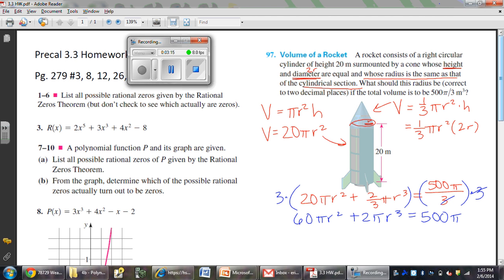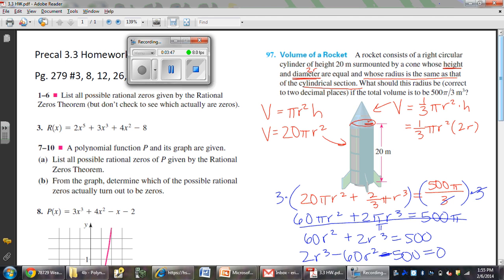So then what we see is that this is a cubic equation, and what we want to do is find out what r equals. Actually, what I'm going to do first is divide everything by pi, because everything has a pi. That way we just have this left without all the pi's. Then I'm going to get everything to one side and reorder it, minus 500 equals 0.